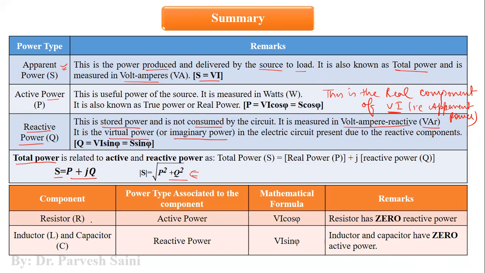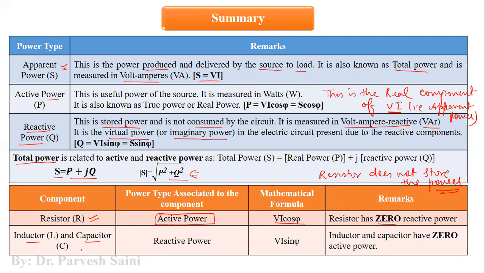Now, we can also see the summary of the components. As far as the resistor is concerned, the power associated with the resistor is the active power, which is VI cos phi, and a resistor has zero reactive power. That means a resistor does not store the power, rather it dissipates it.